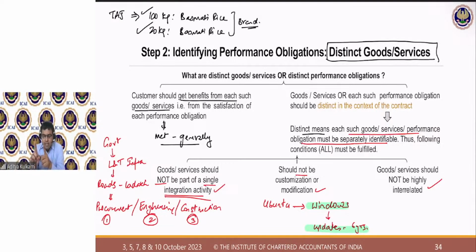The free warranty is a different performance obligation from that of the supply of the car. That is why we segregated the revenue and recognized it separately. Merely because updates are not charged does not make it a single performance obligation. The fact is the updates are only customizing or modifying the existing software which we have purchased. Payment is never my criteria for revenue recognition.